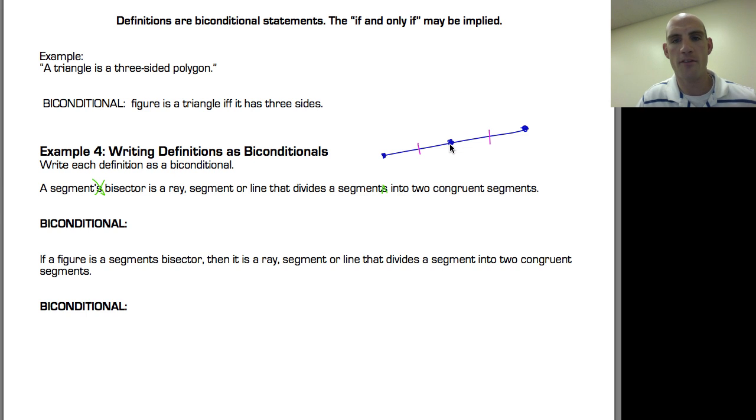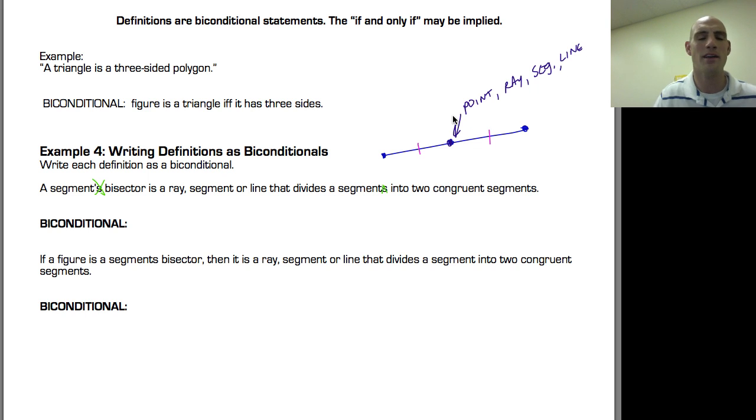Then that means that whatever this is here, this could be a point, ray, segment, or line, and it's going to divide it exactly in half. Well, when I write this as a biconditional, it has to be inclusive. It has to include the fact that a bisector is something that cuts it into congruent segments, and if it cuts it into congruent segments, then it is a bisector.